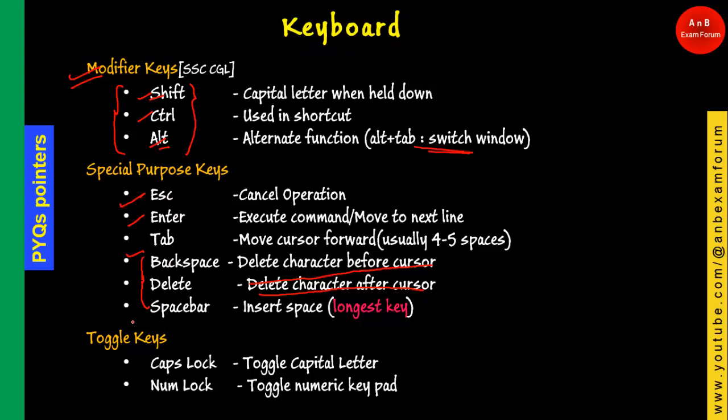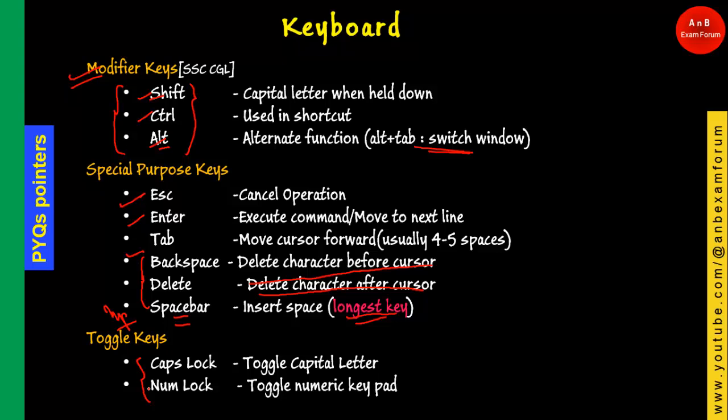And one important thing is that the spacebar is the longest key on the keyboard. They can ask you in the exam which are the toggle keys, so you should remember they are caps lock and num lock. The purpose we have already seen in the previous slide.